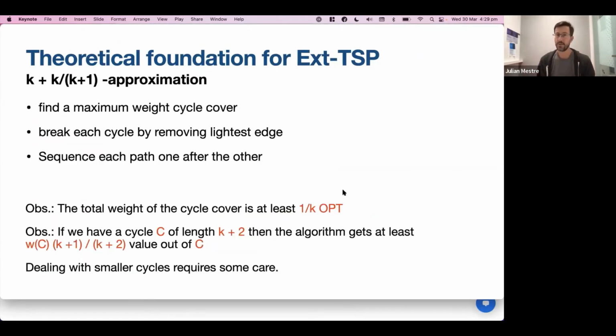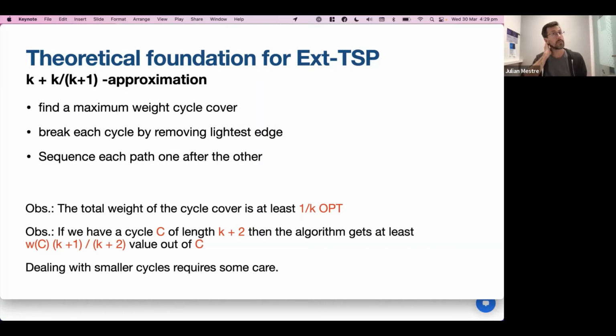So then that takes us to our next algorithm for Ext-TSP, which is based on finding a maximum weight cycle cover of your graph. So this algorithm is fairly straightforward. You look at your weights and you find a maximum weight cycle cover of your graph.